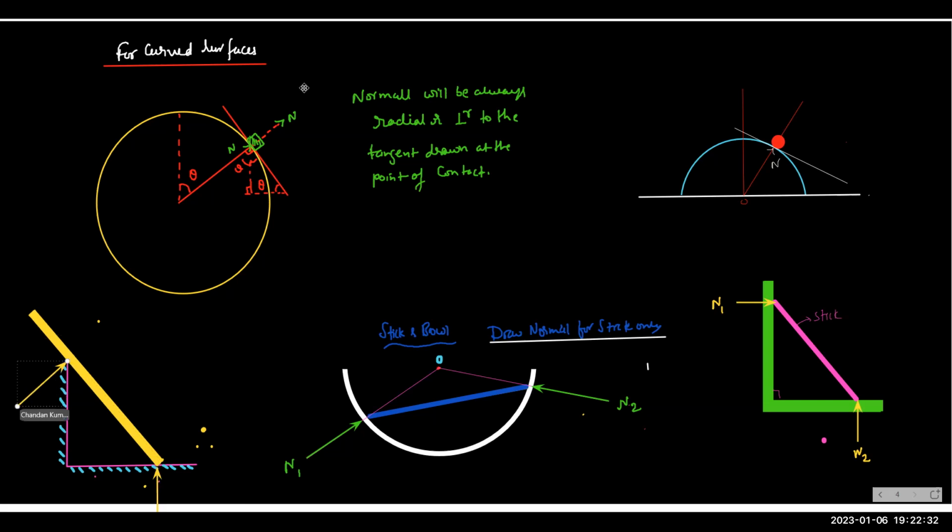Normal is always drawn perpendicular to the surface visible to you. Of course, we cannot see the surface of the edge of anything, so we cannot draw it there. That's the correct way of drawing it. Very good.